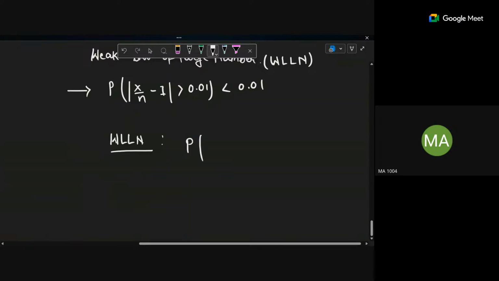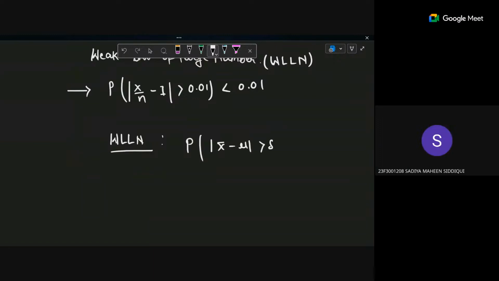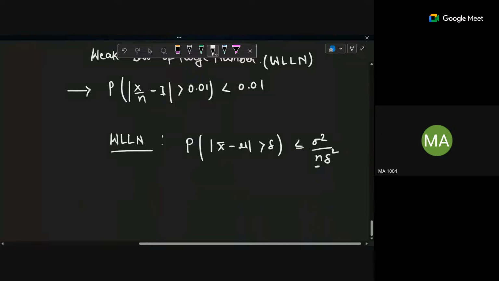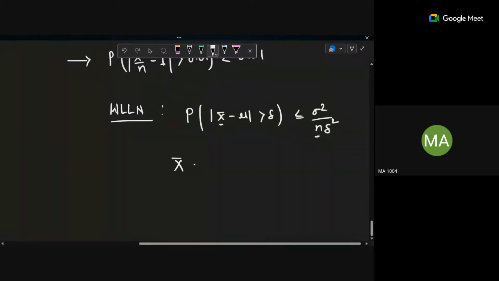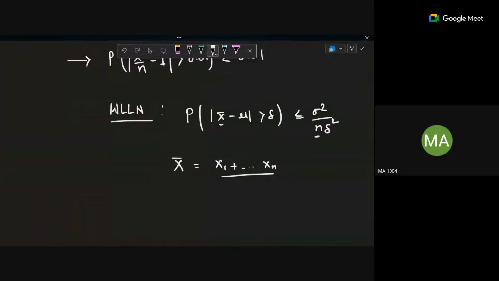Probability of modulus of X bar minus nu greater than delta is less than or equal to sigma square divided by n delta square. Okay, fine. So sigma square and delta square we know. The question is about this n, right? So what is X bar there? x1 to xn by n, right?